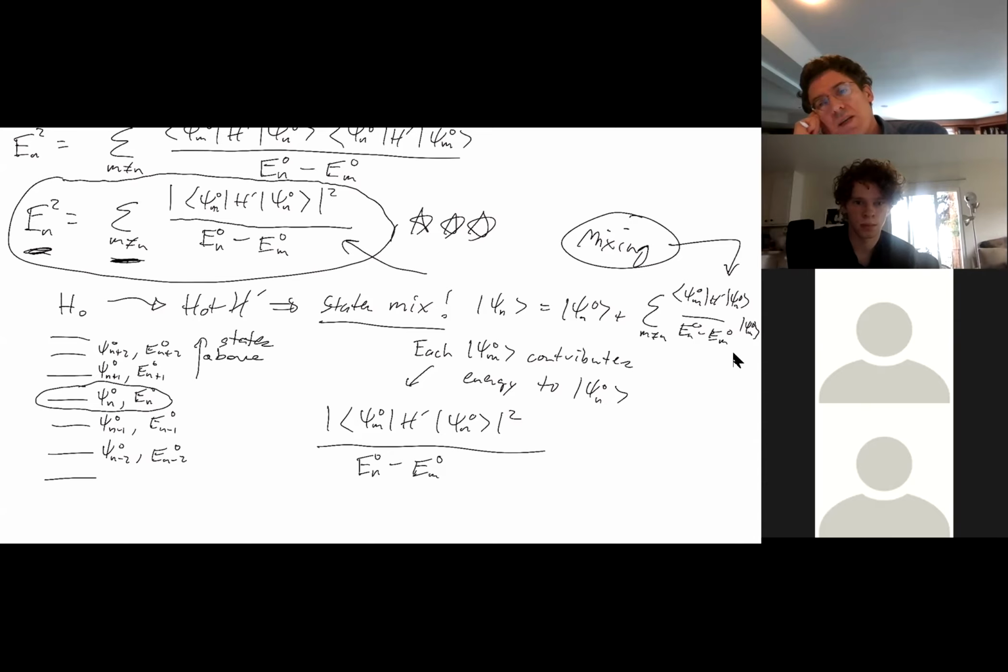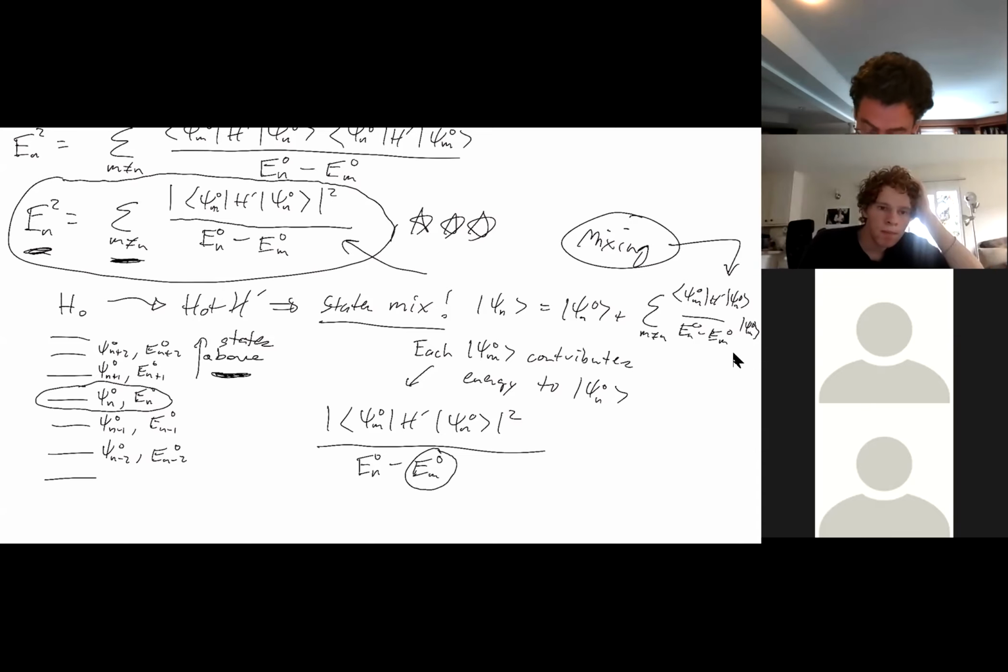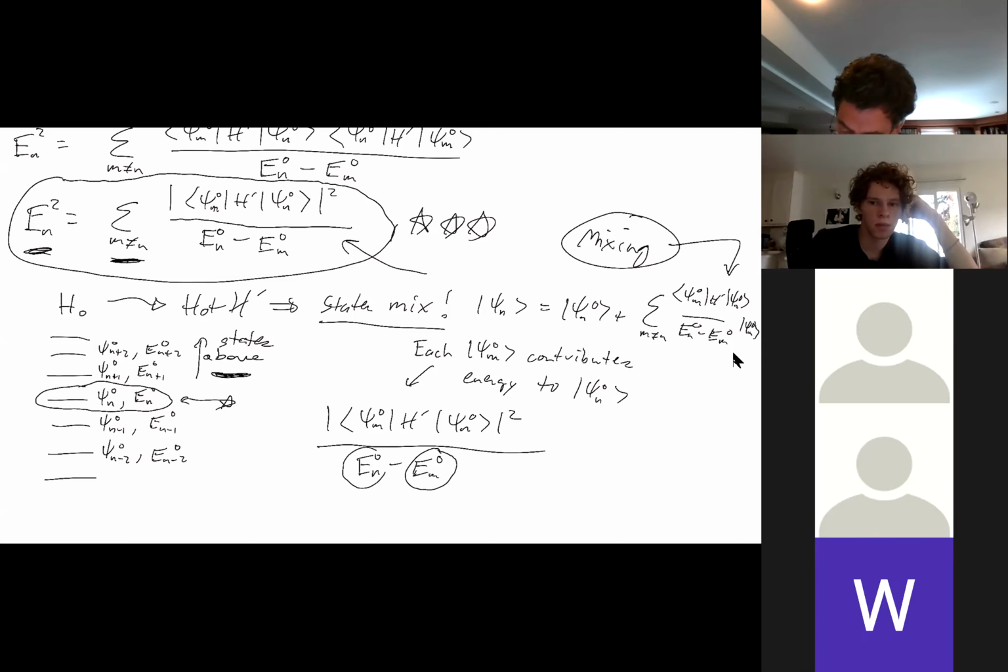I know I'm probably not making any sense, but I'm trying to make sense. So what is the relationship between the energy Em naught of the states above the one I'm talking about? And this is the one I'm talking about, gets a little star. And this is the energy of the state I'm talking about.